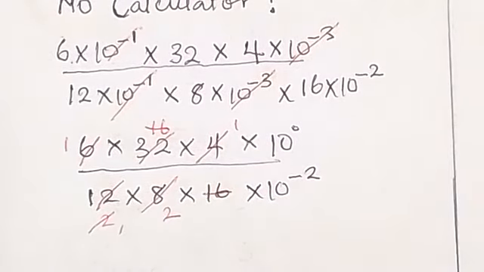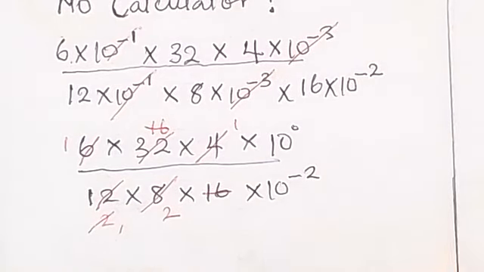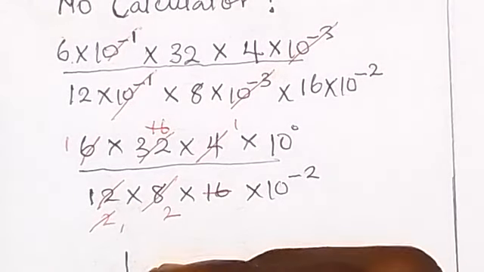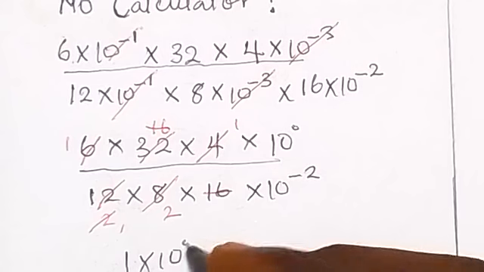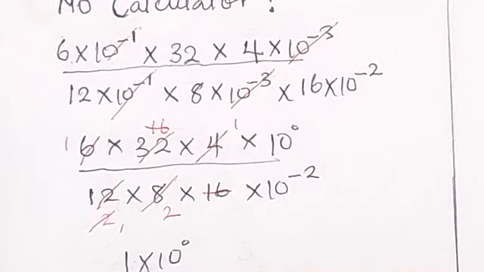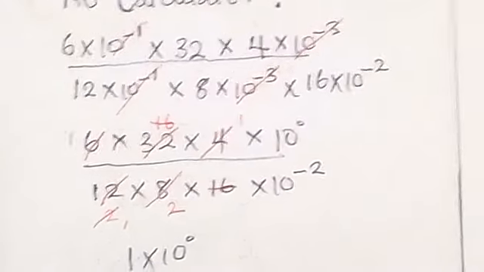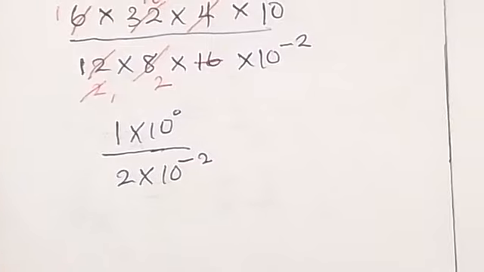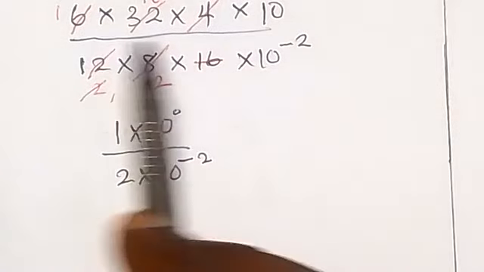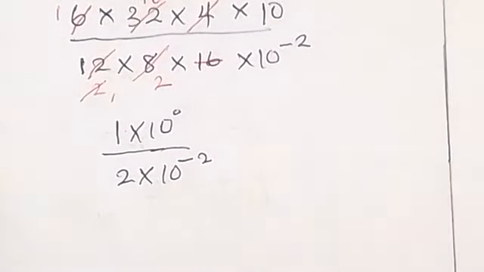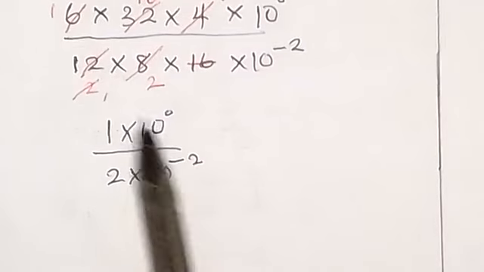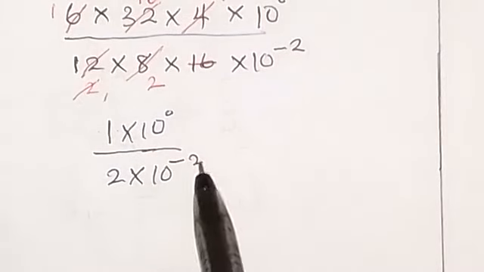And when you look at that now, everything up left is 1 times 10 raised to power 0. And what is down is 2 times 10 raised to power minus 2. Now we are about to finish our work here. So we have 1 left up, that's 1 times 10 raised to power 0, and we have 2 left down, which is 2 times 10 raised to power minus 2.